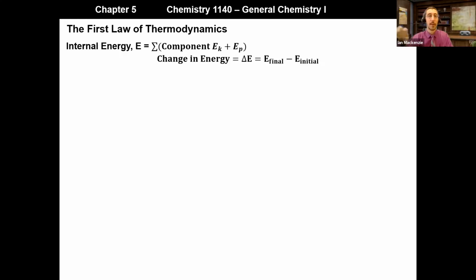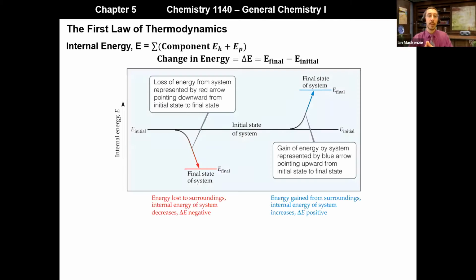So it's always final minus initial. We can show a couple examples here where I start out at an initial energy, then a loss in energy, where my final state is lower in energy than my initial state. That's always going to be defined as negative because it's final minus initial, and final is lower than the initial.